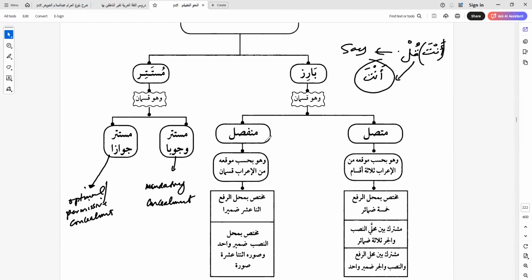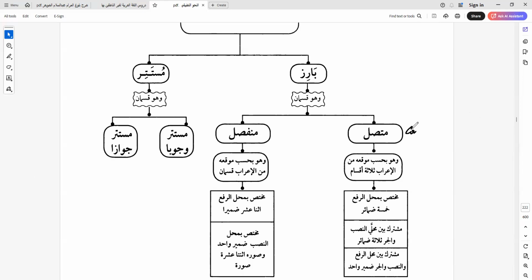And then we have damir muttasil wa munfasil, the conjunctive pronoun and the disjunctive or separable pronoun.